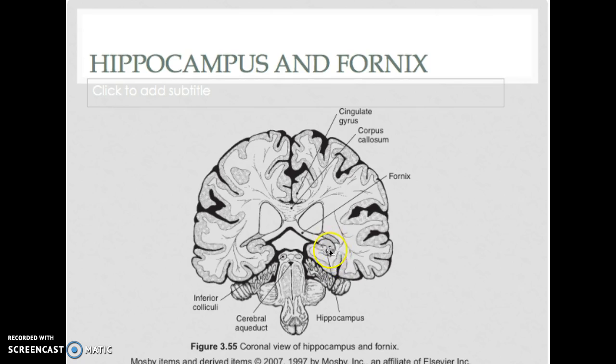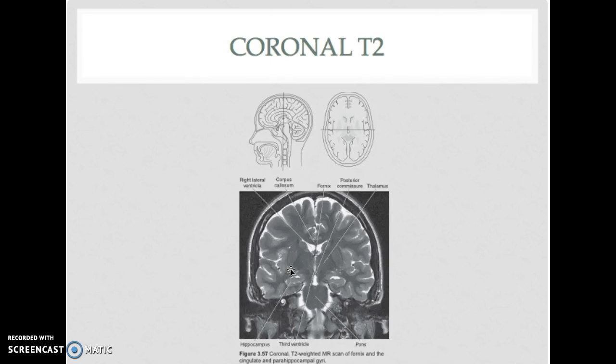Here's your hippocampus with your cerebral aqueduct coming down the middle. So your fornix with your posterior commissure right there, and your thalamus is right here, and pons, third ventricle coming down the middle, and your hippocampus right there.